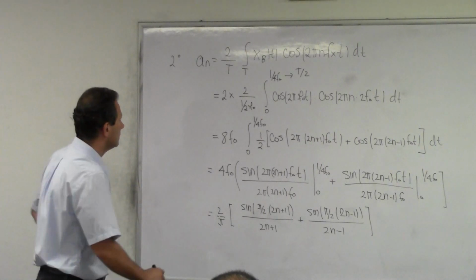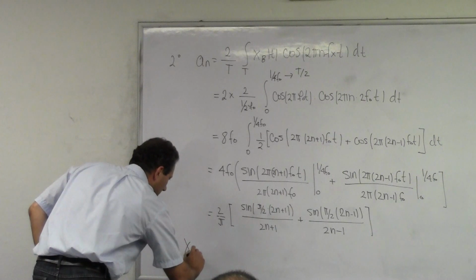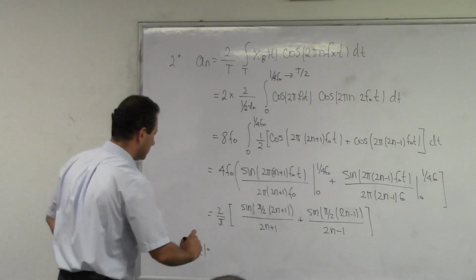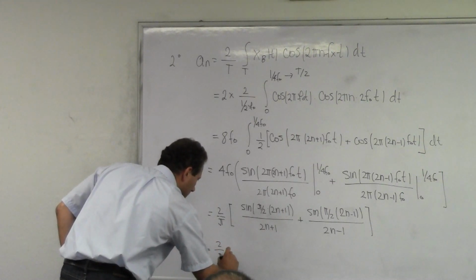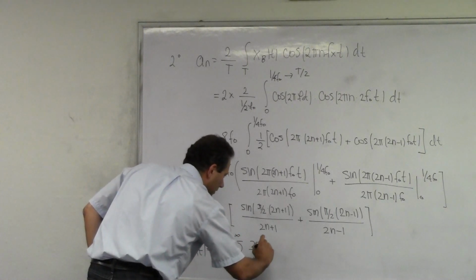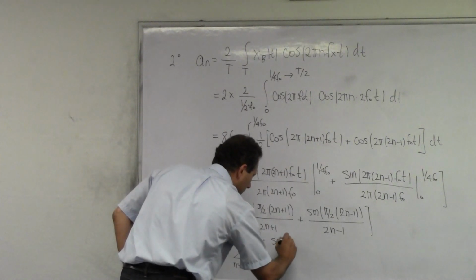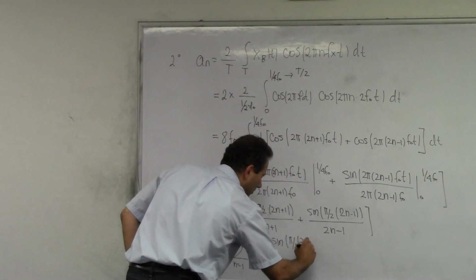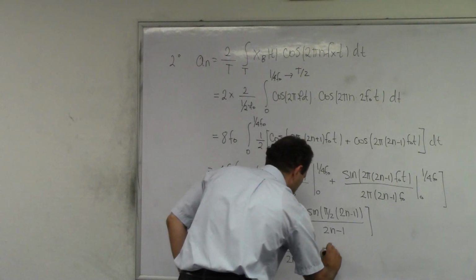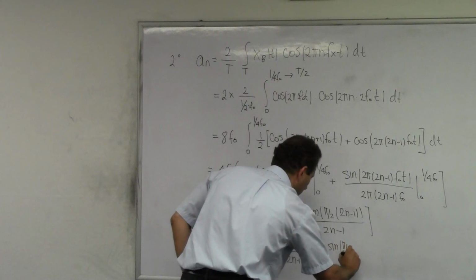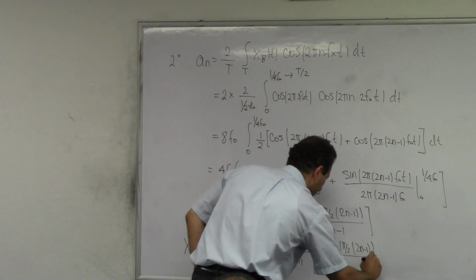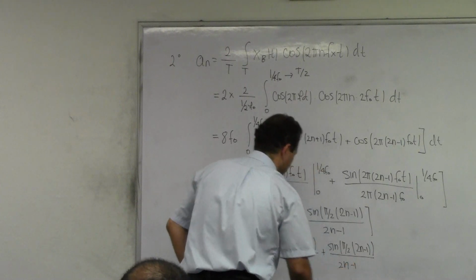And now that you have an, then we have x of t is equal to DC, which I computed as 2 over pi, right? 2 over pi plus sum when n goes from 1 to infinity, 2 over pi times sine pi over 2 times 2n plus 1 over 2n plus 1 plus sine pi over 2 times 2n minus 1 divided by 2n minus 1.